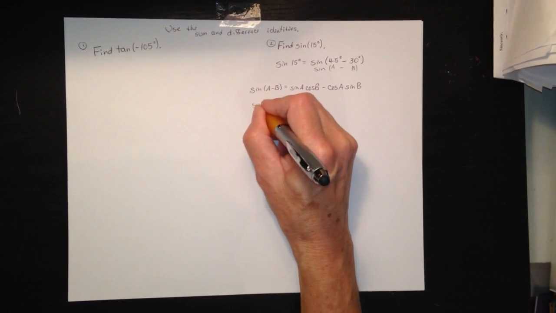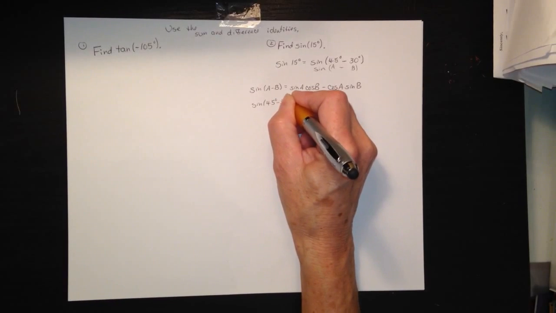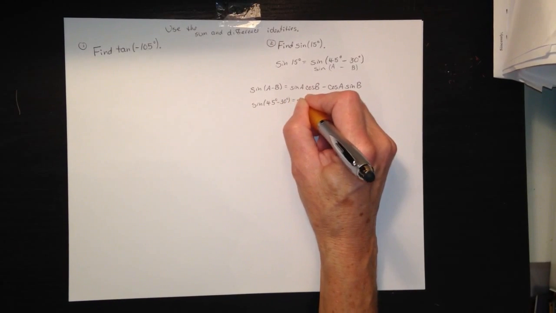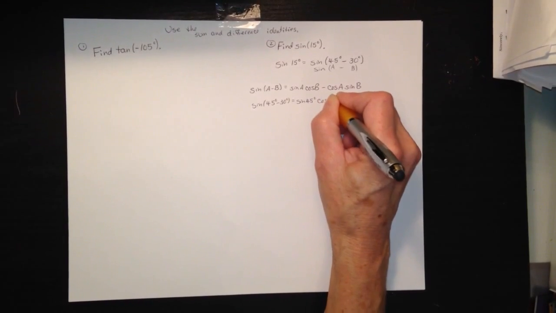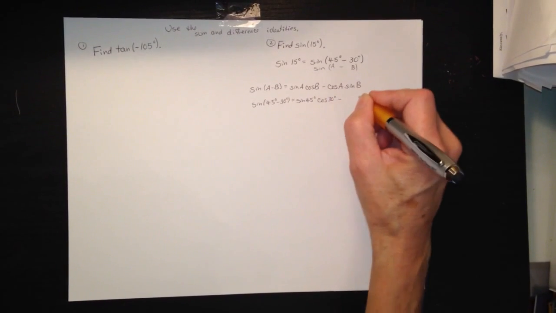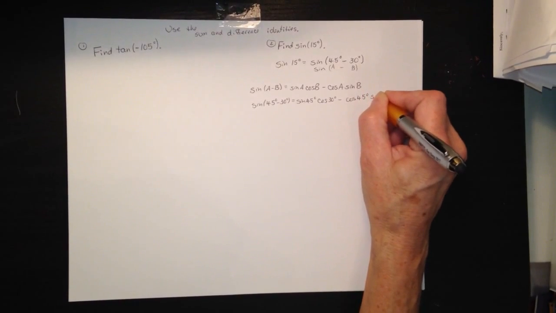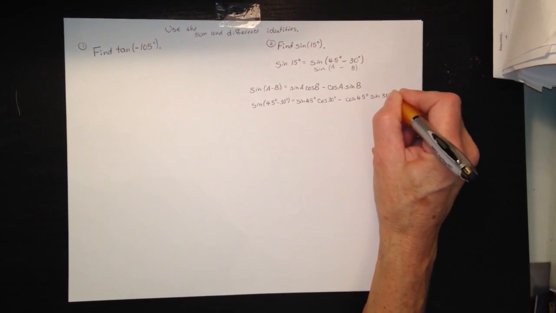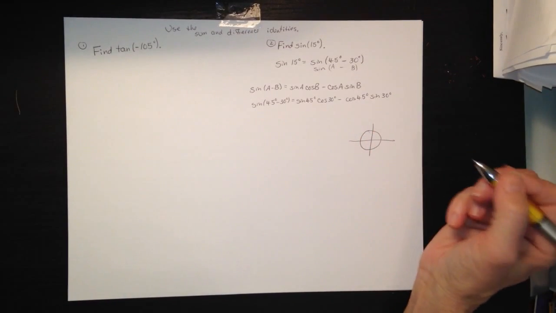So the sine of 45 degrees minus 30 degrees is going to equal the sine of 45 degrees times the cosine of 30 degrees minus the cosine of 45 degrees times the sine of 30 degrees. Now I'm going to remember what these values are.